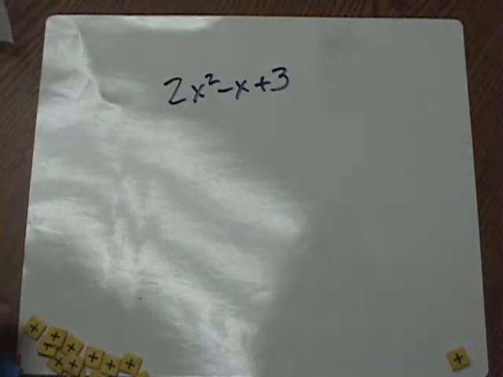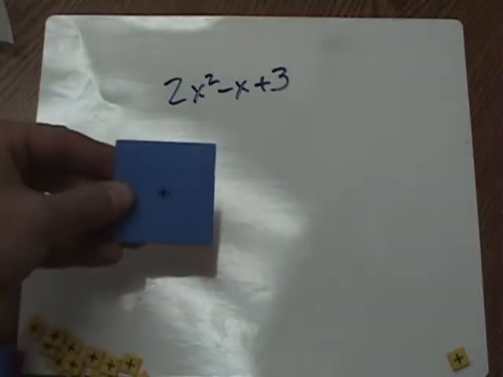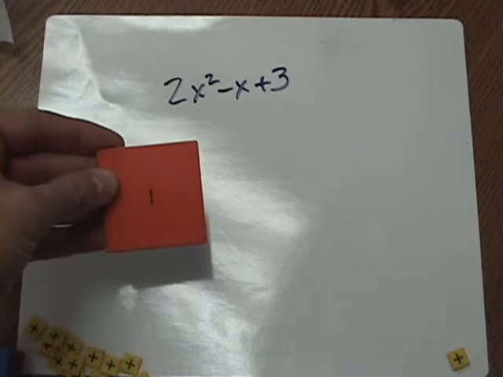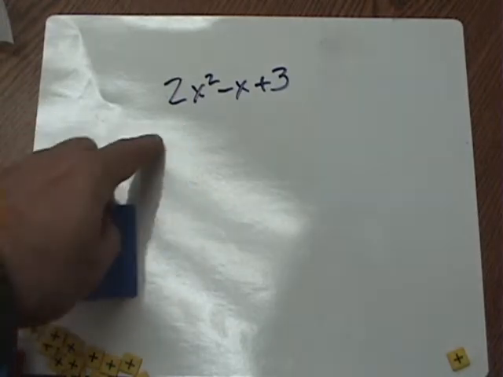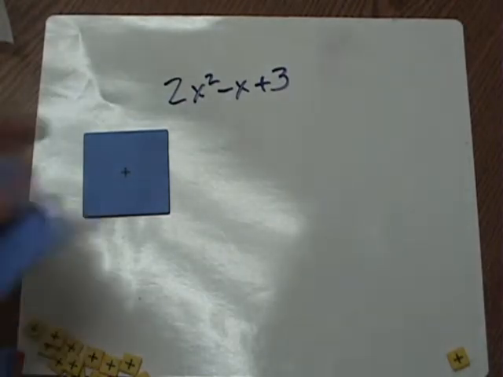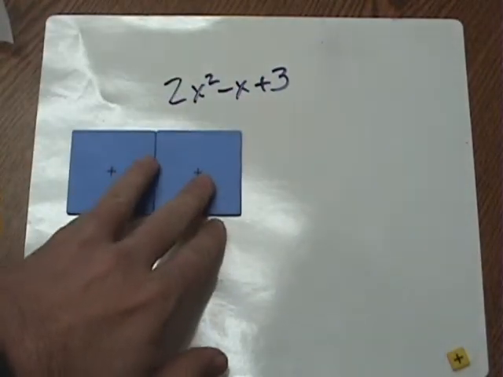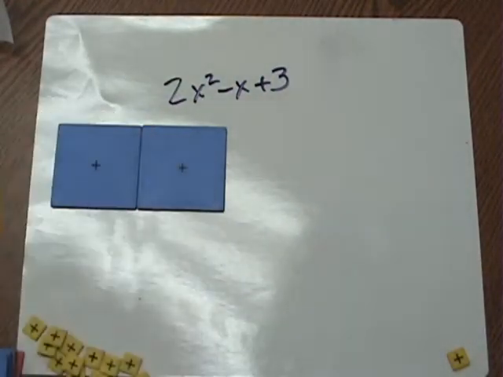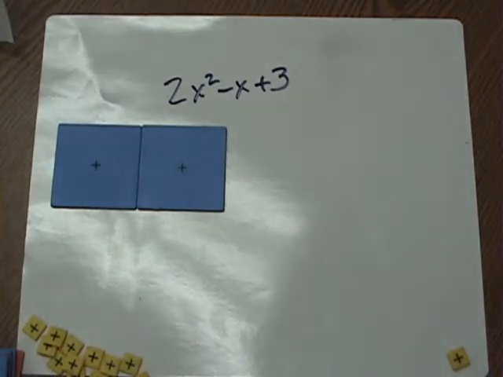Okay? So like we said before, these are our x squared tiles. That would be negative, this would be positive. Well, because we have positive 2x squared, we want to use 2 positive x squared tiles.